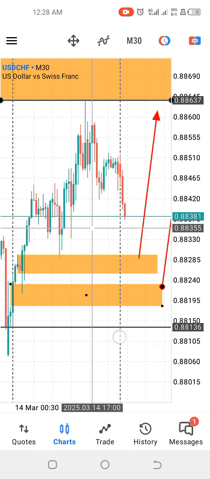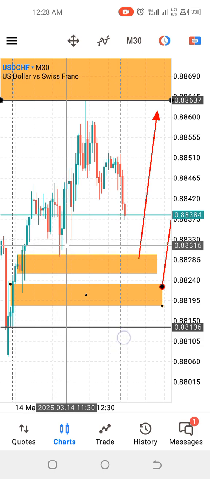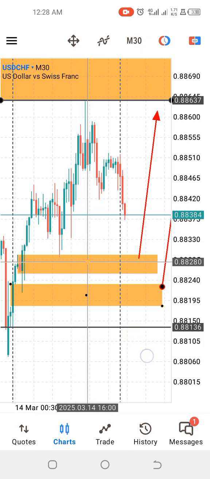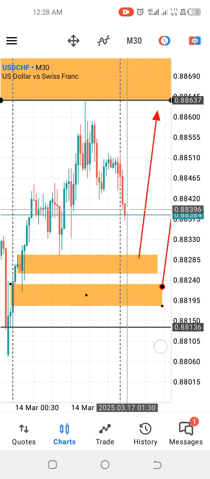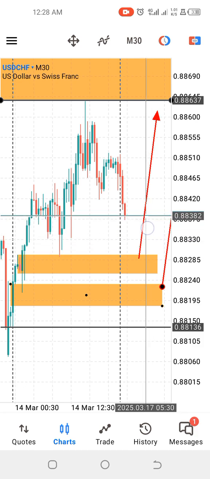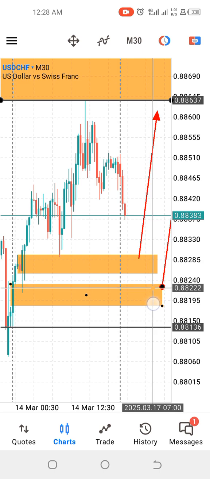The first confirmation is I want price to take out these sell side liquidities that are here. The next thing is for price to give me the AMD formation, the accumulation. After the accumulation, also take out the sell side liquidity below the Asian range, then tap into my point of interest.